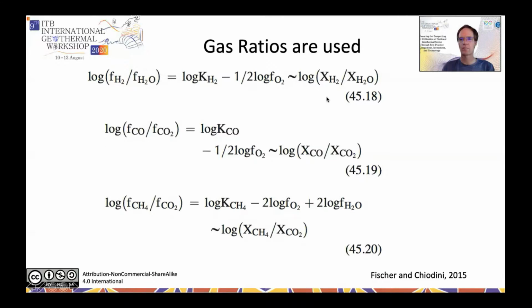So in this diagram, we see the relationship between hydrogen and water, CO and CO2, and methane and CO2. These three ratios are really key when we try to understand the processes that are happening at depth. And again, you notice here that I'm only showing hydrogen, carbon, and oxygen gases. Sulfur gases are not included in this assessment for simplicity.